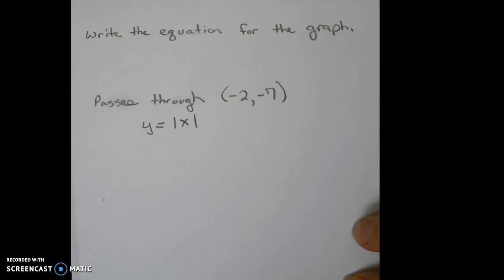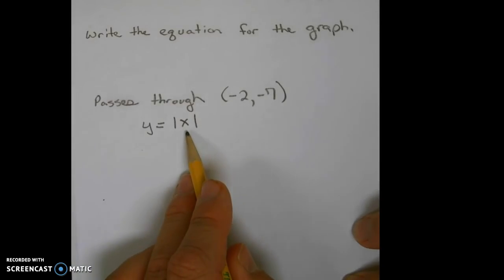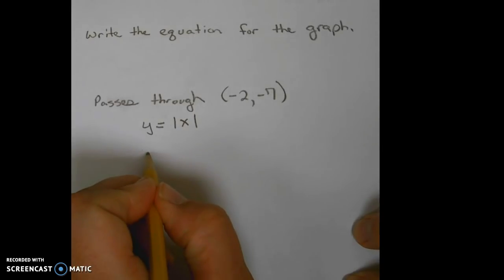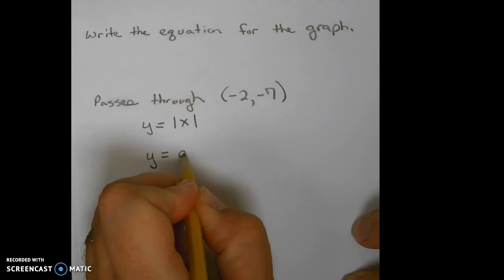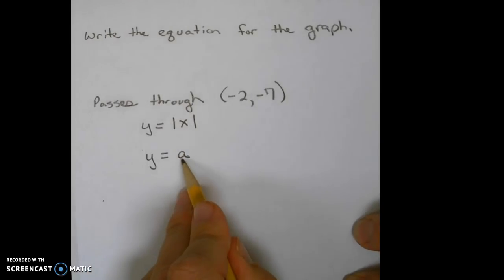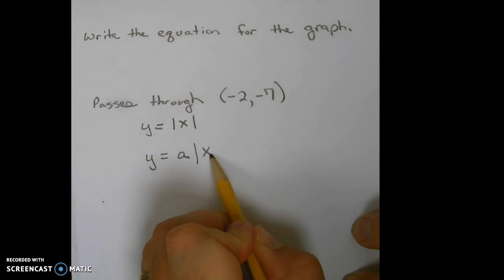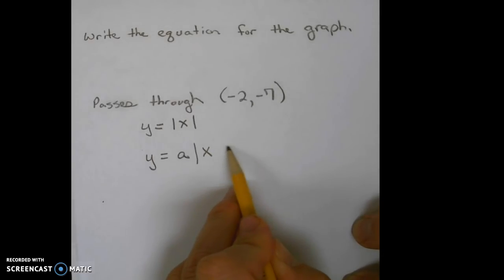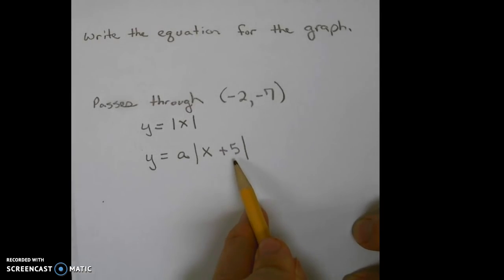So the best thing to do here is fill in our information. So what do we know? I'm going to put in the A, which represents your vertical stretch or compression. I'm going to fill in the H value, which we know is going left 5 from the graph.